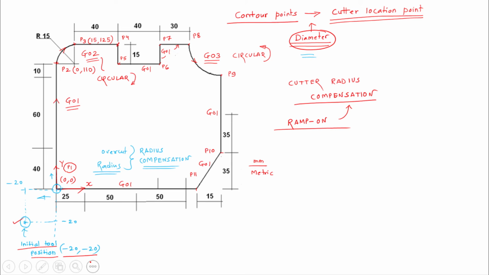On approaching the point P1 from the safe position, we are activating a command, the cutter radius compensation. The first cutter radius compensation command is G41, that is we have to compensate the cutter radius towards the left. As we have seen, our path is from P1 to P2, then P3, P4. In this way we are moving the cutting tool along the contour.